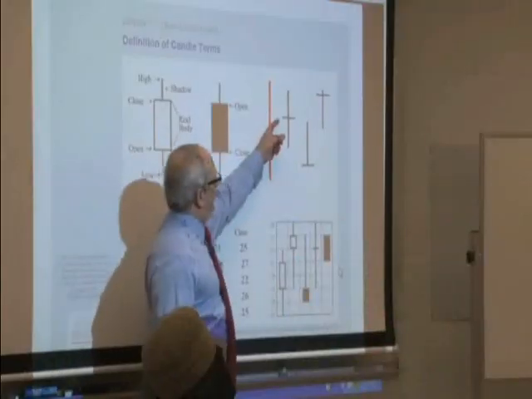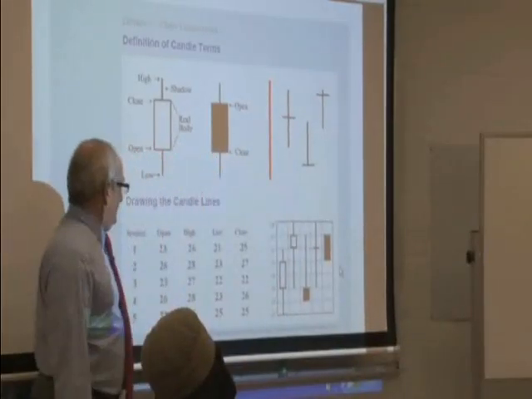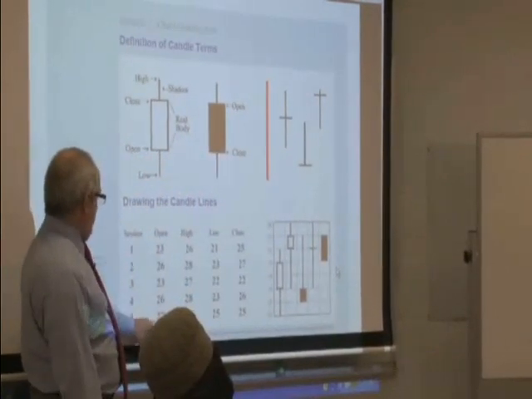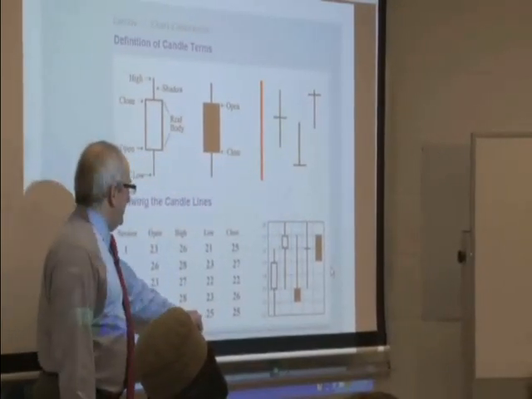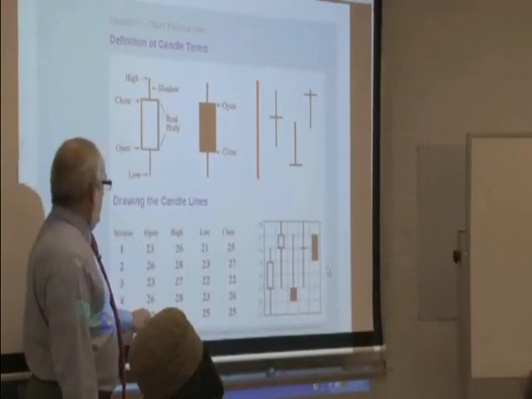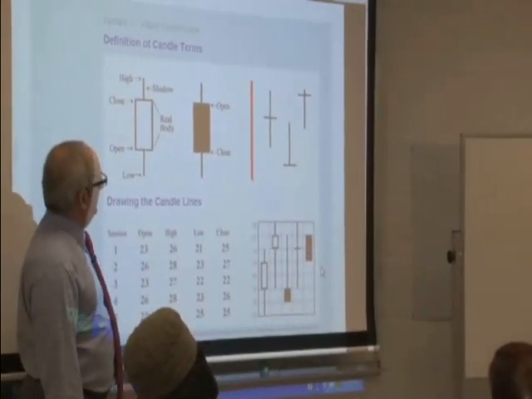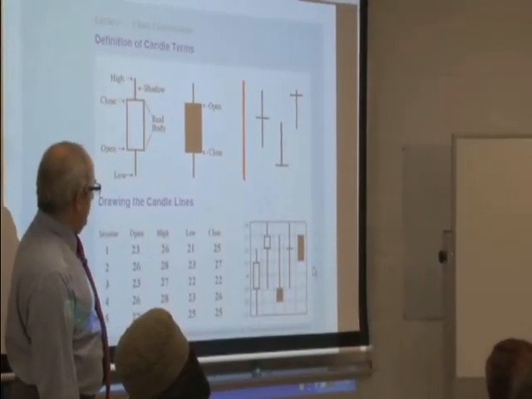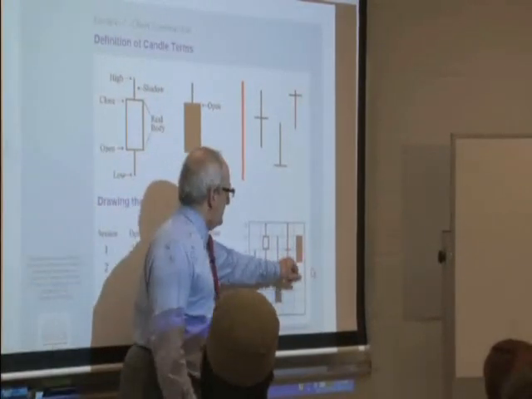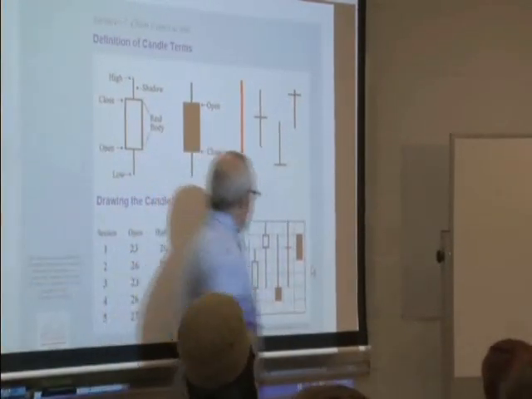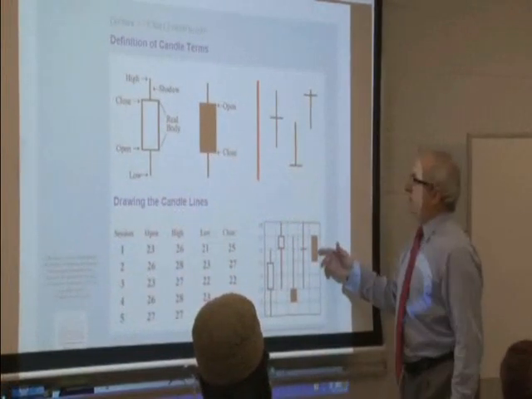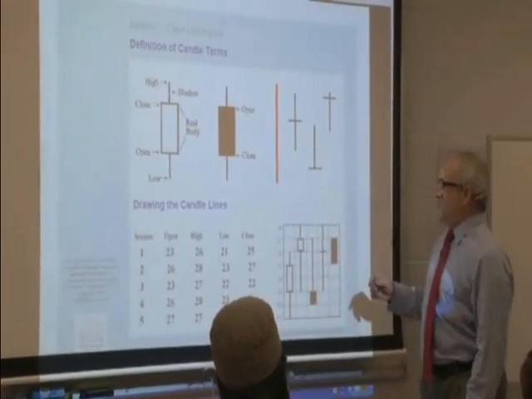So that's closer to this one. And then the number 5, 27, 27, 25, 25. So you open at the high for the day. And I don't see that one on here. No. Okay, sorry, that's down in the box here. That's these, not these. Sorry, I was looking for them up there.